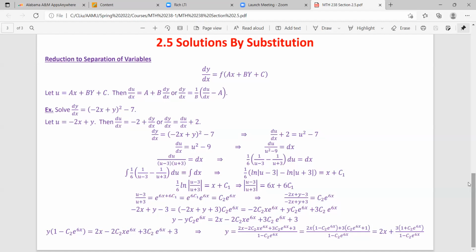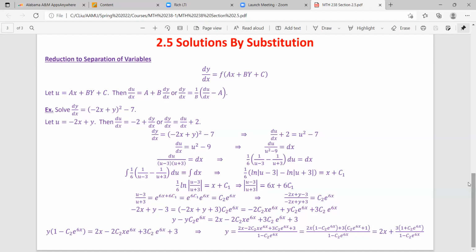I'm not going to go through all these details; you can check it easily by yourself. At the end, you can factor y from the left-hand side and solve, and get the solution y equals (2x minus 2x C2 e to the 6x plus 3 C2 e to the 6x plus 3) over (1 minus C2 e to the 6x).